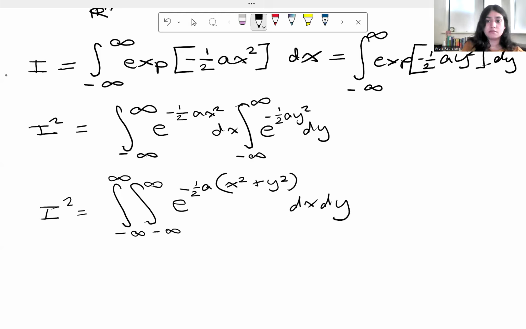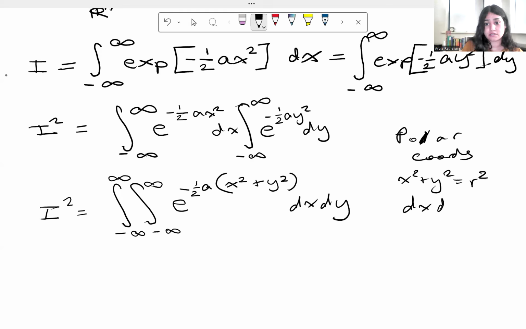Now, this is a great candidate for switching into polar coordinates, because in polar coordinates we have x squared plus y squared equals r squared, and dx dy is equal to r dr d theta.